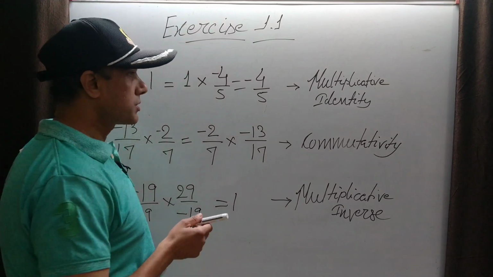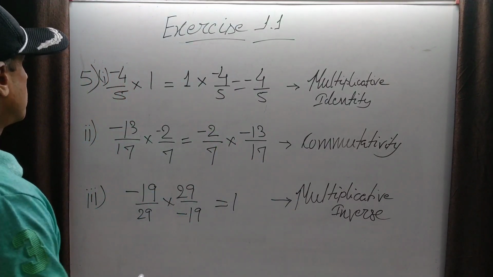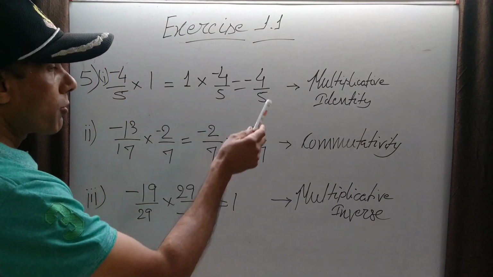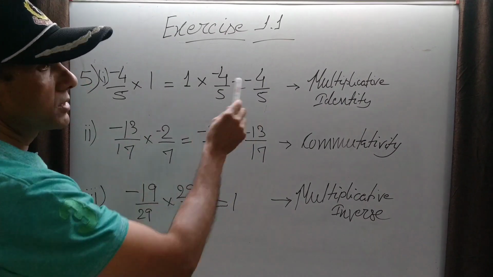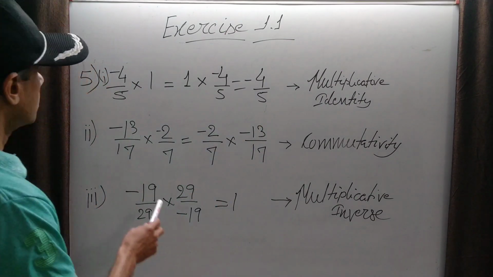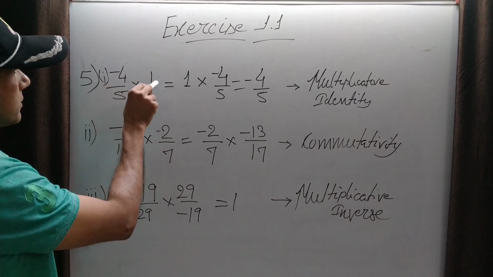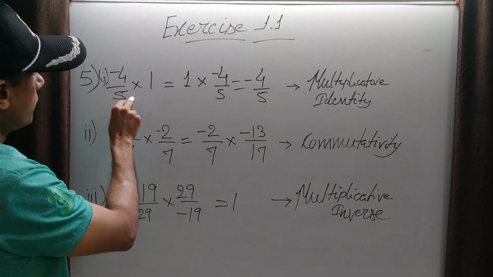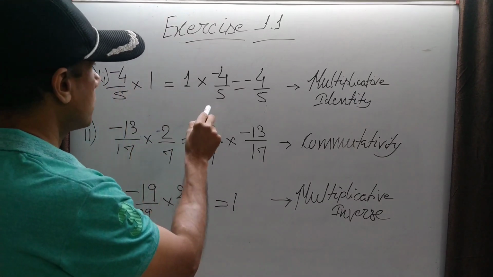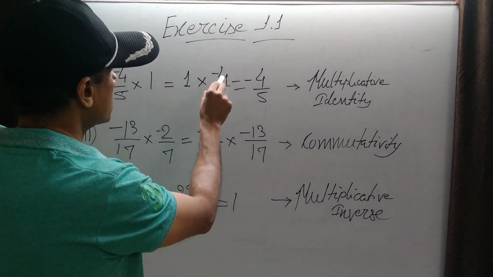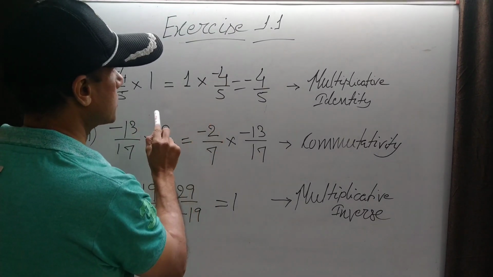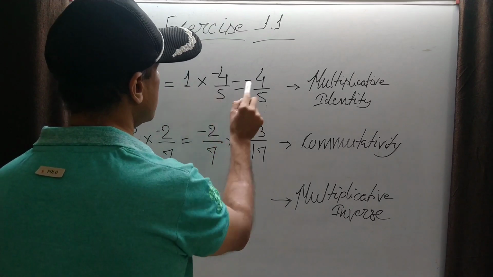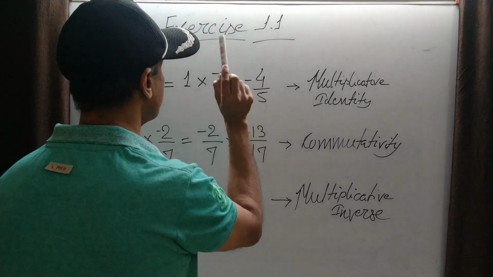Let's move on to the next question. I have already written it down. So what are the properties which have been used while solving this equation? If you see this equation, minus 4 by 5 multiplied by 1 is equal to 1 into minus 4 by 5. So there is just a change in position, and in both cases the result is minus 4 by 5.